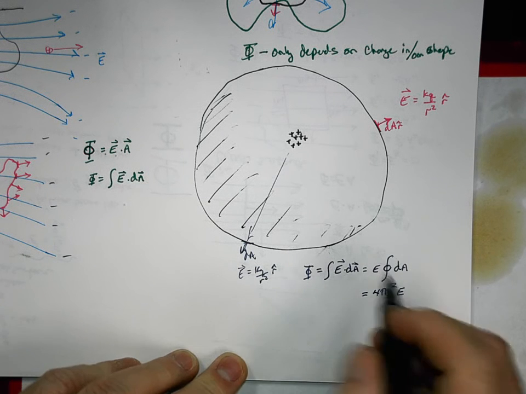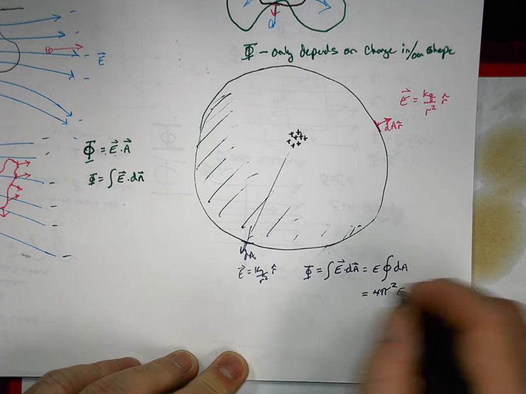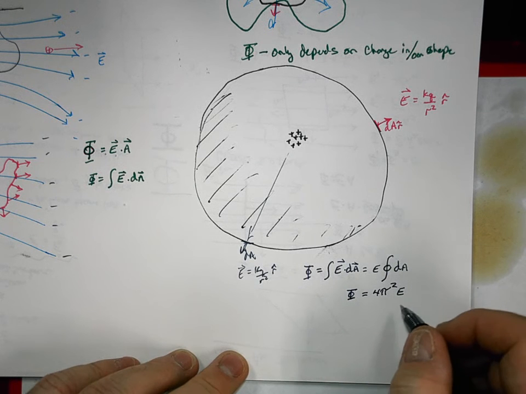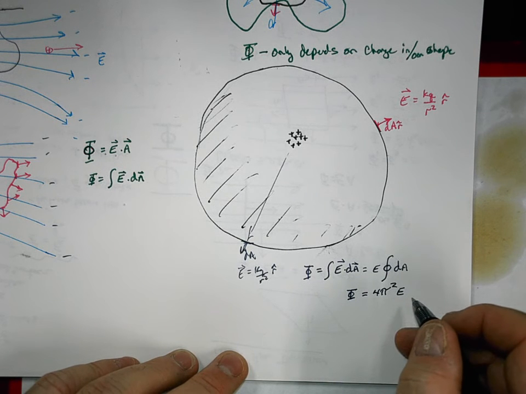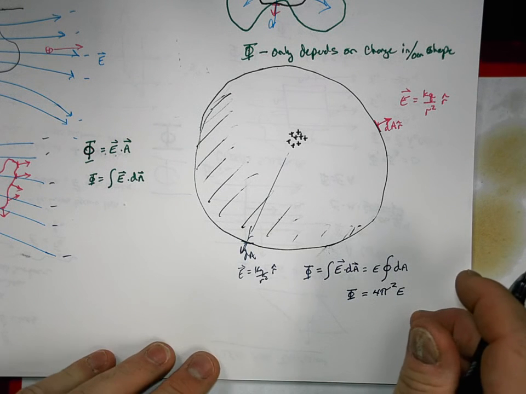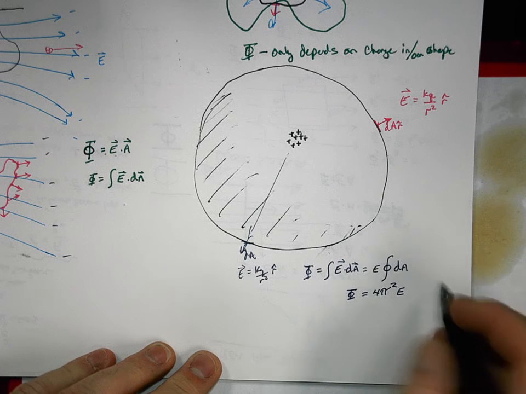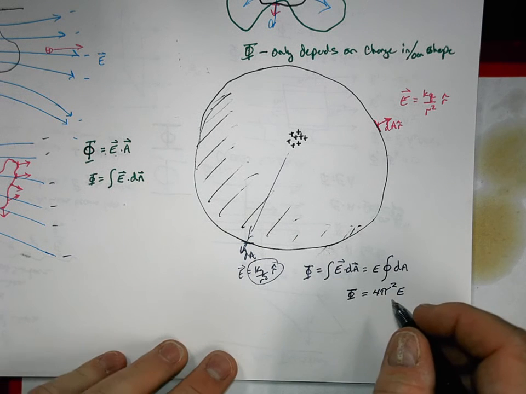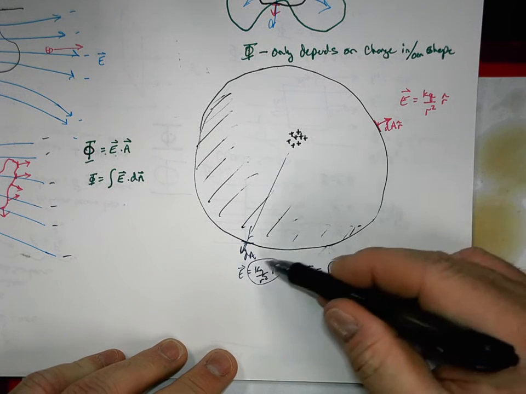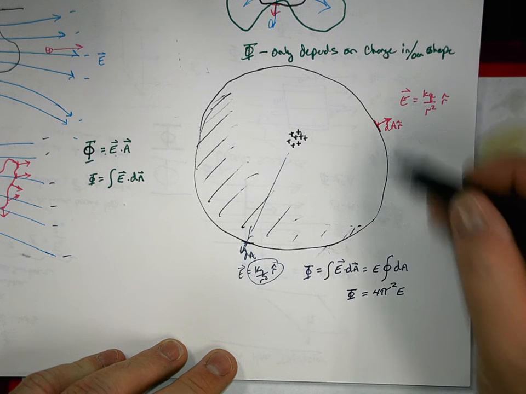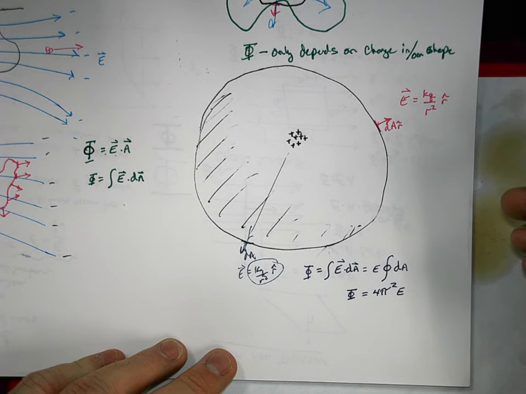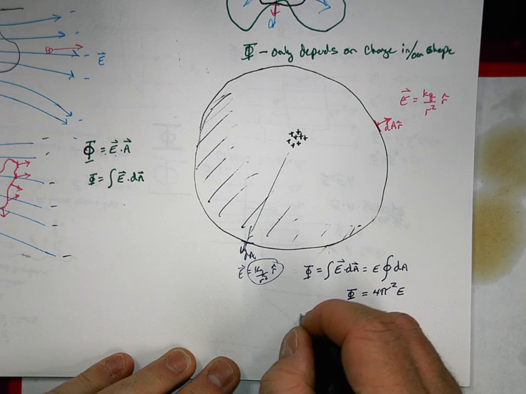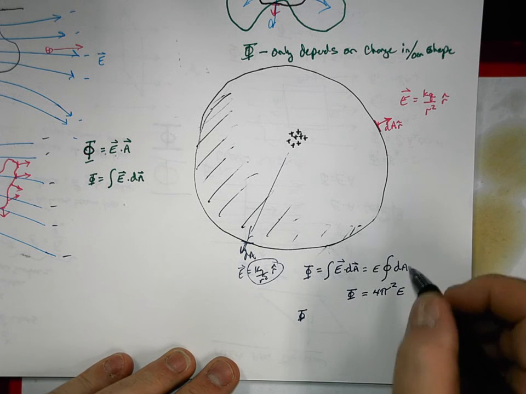So the flux through the surface of a sphere is going to equal 4 pi r squared E. Now, remember E is kQ over r squared. This all works because if we're dotting r hat and r hat, we get 1. So we just got rid of the vectors because r hat dot r hat is 1.